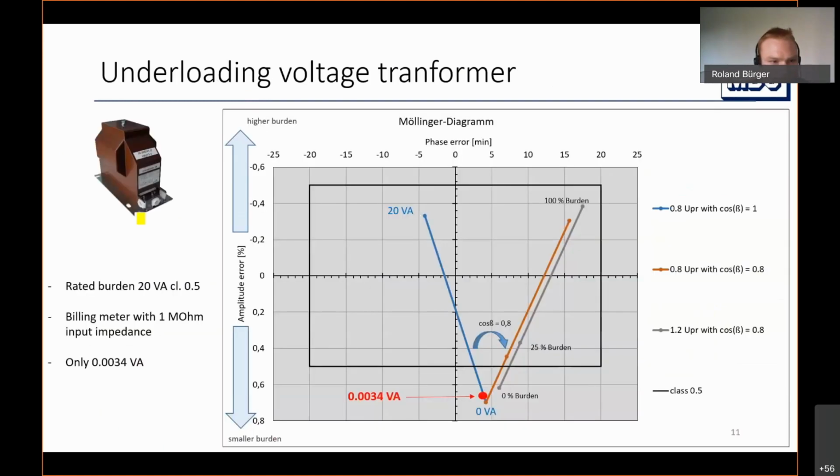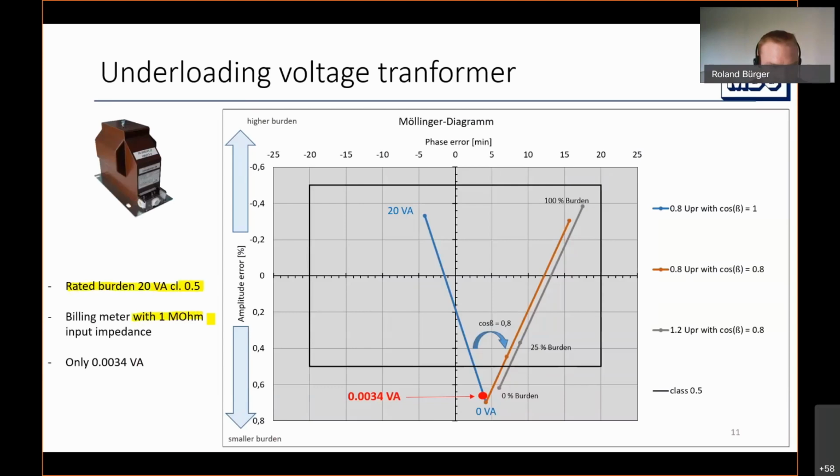And the customer is now ordering a voltage transformer for billing issues rated with 20 VA class 0.5. And the digital billing meters always have high impedances on their input.